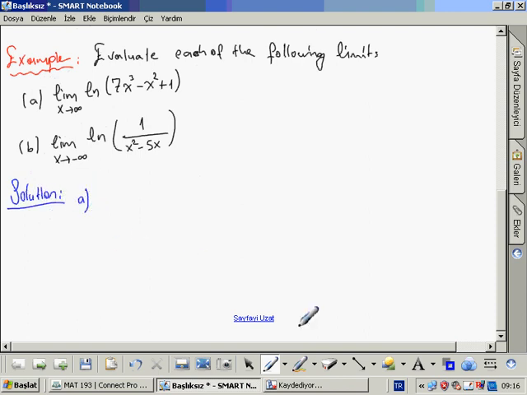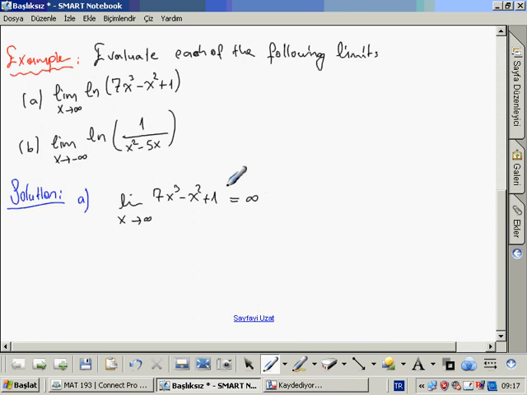Solution. Let's first look to see what the argument of the logarithm is doing. As x approaches infinity, the argument 7x cubed minus x squared plus 1 goes to infinity.